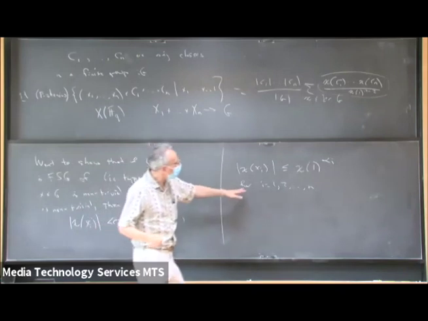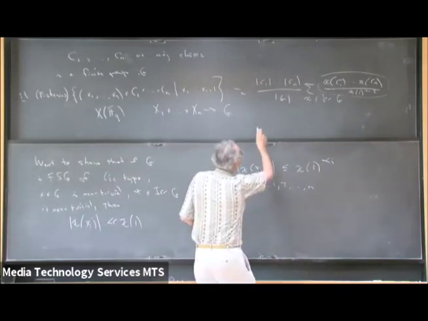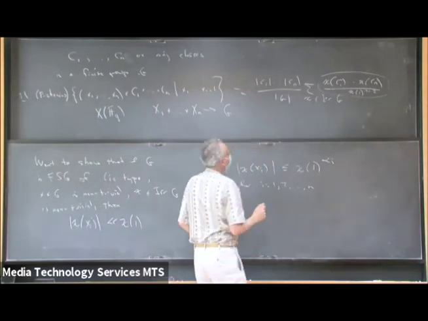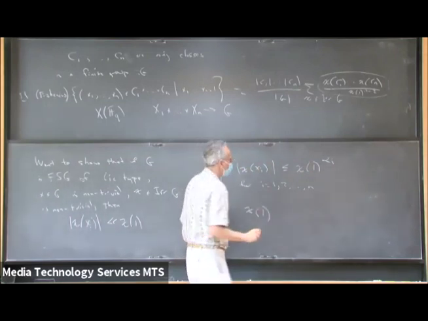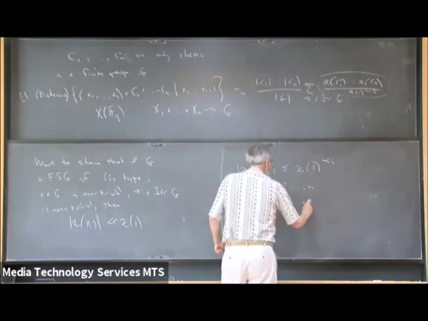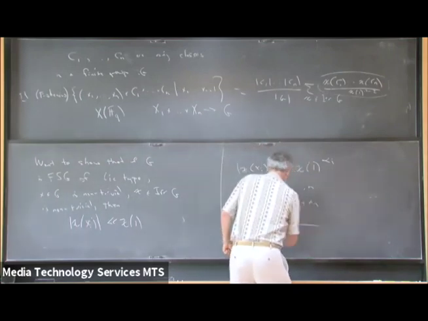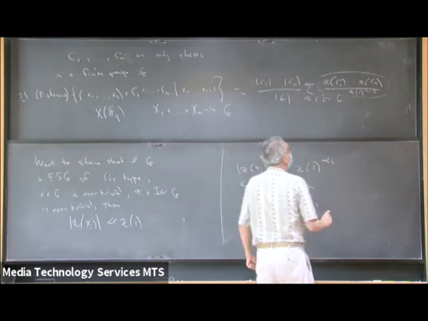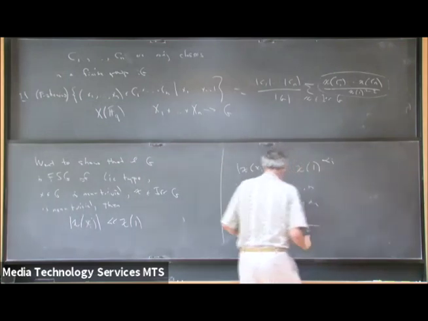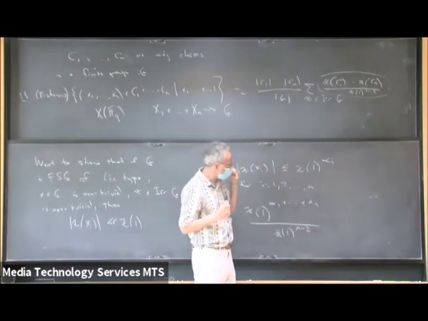So if we have something like this, then using this formula up here, we get something like, we're interested in chi of 1 to the power of alpha_1 plus ... plus alpha_n divided by chi of 1 to the power of n minus 2. That's an upper bound for the summand.